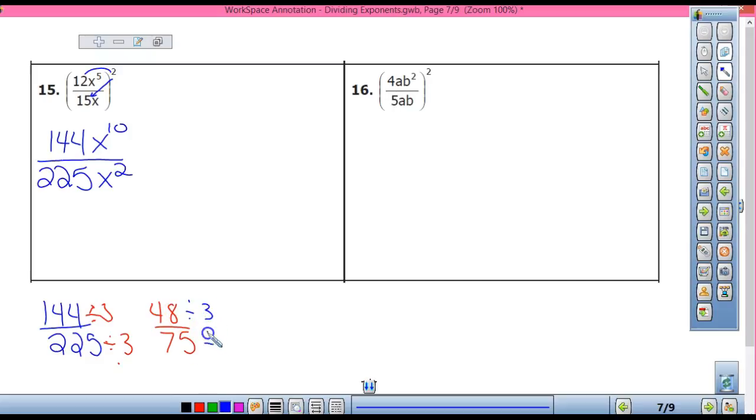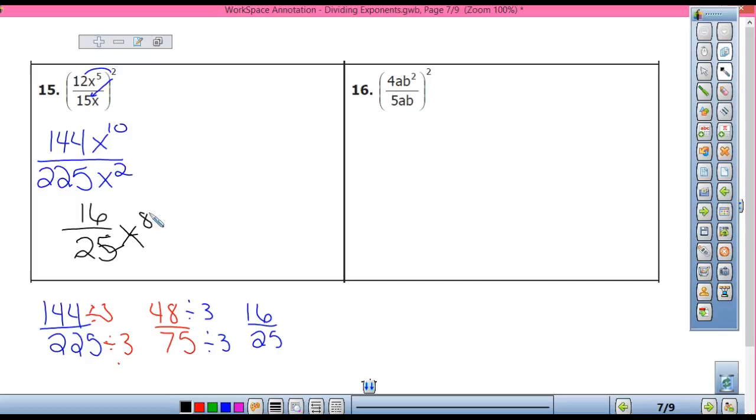I can do 3 again. So 48 divided by 3 is 16 over 25. Can I do that anymore? Nope. So I can say 16 over 25 x to the 8th.